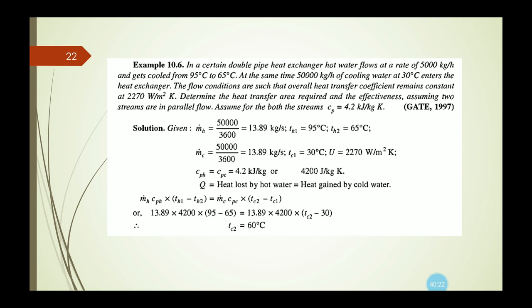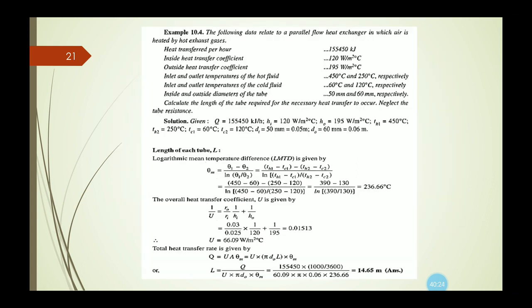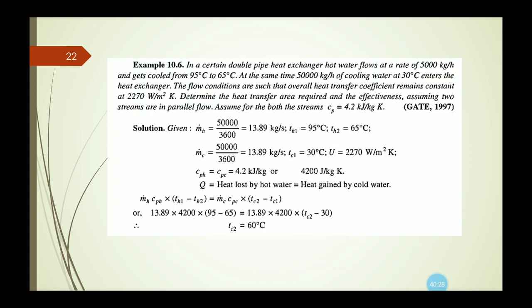The next numerical: in a certain double pipe heat exchanger, hot water flows at a rate of 5000 kg per hour and it gets cooled from 95 degrees centigrade to 65 degrees centigrade. At the same time, 50,000 kg per hour of cooling water at 30 degrees centigrade enters the heat exchanger.